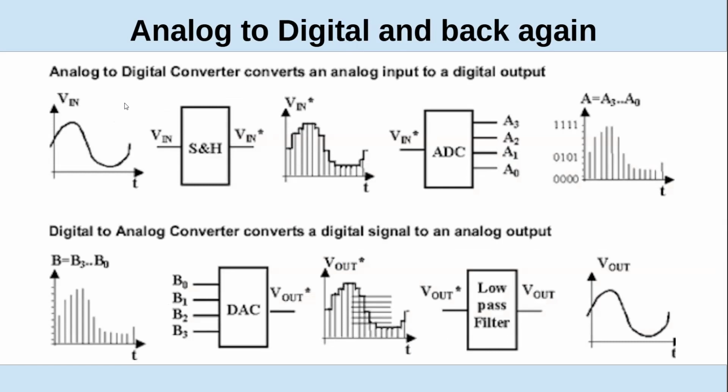So in an A to D, you normally have what's called an analog sample and hold, where it can capture an analog value and hold it. It charges up a capacitor. And that signal is fed into the analog to digital converter, which will generate a digital signal that represents the value of the analog signal.